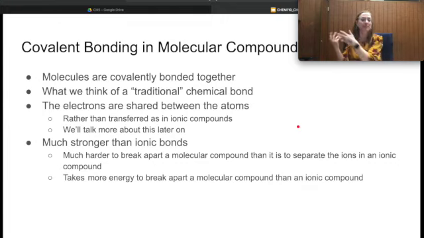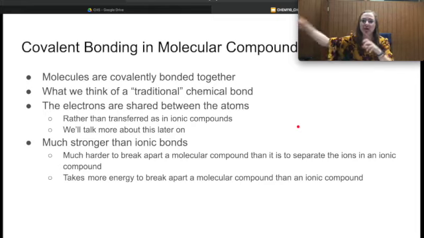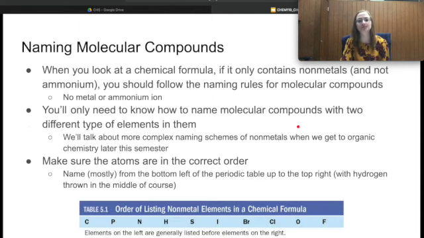So we could find something it's more attracted to instead. So it's pretty easy to pull off those ions. However, with a molecular compound, it's so much harder to actually pull apart the atoms that make up something like CO2. So covalent bonds really are the real driving force that holds molecules together.